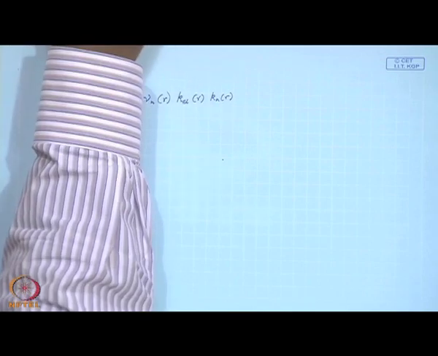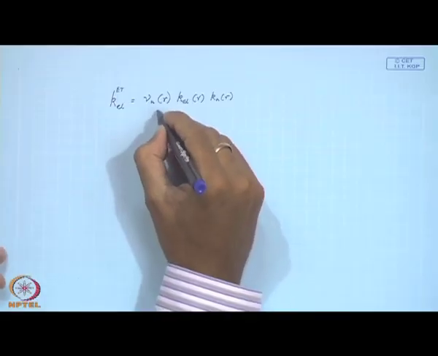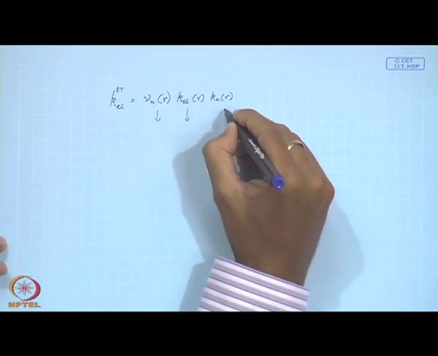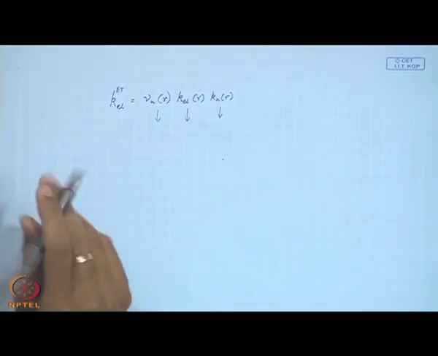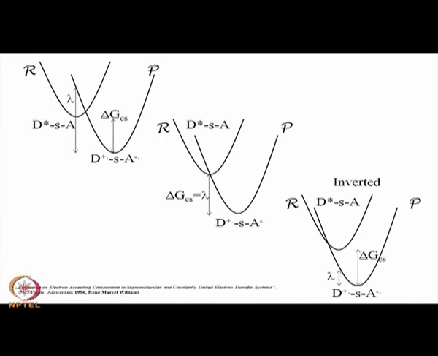Actually this is a typo, it should not have this R. So, this one is your nuclear vibration frequency, this one is the electronic transmission factor, and this is your nuclear factor.